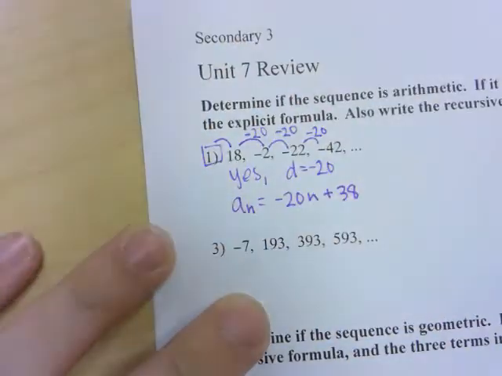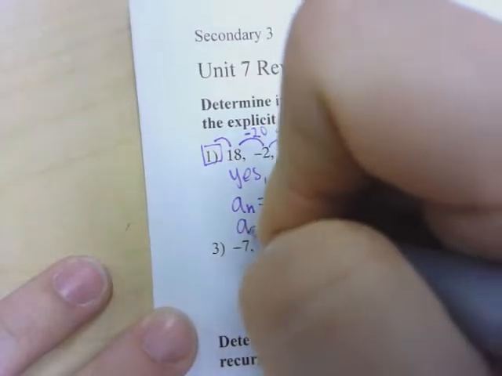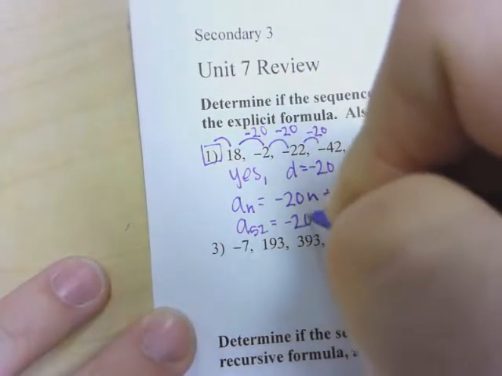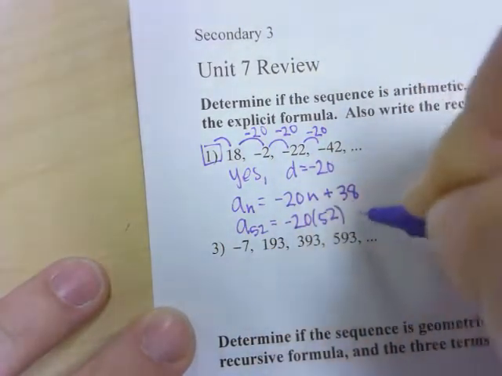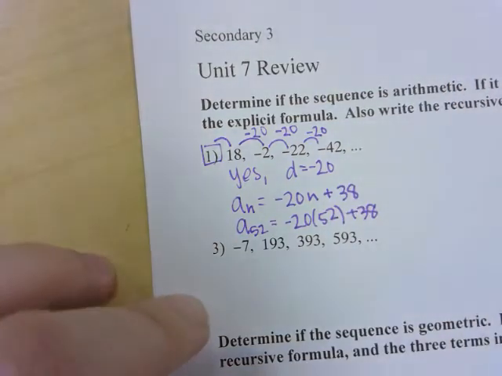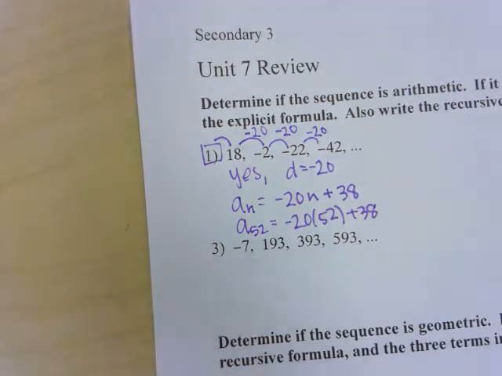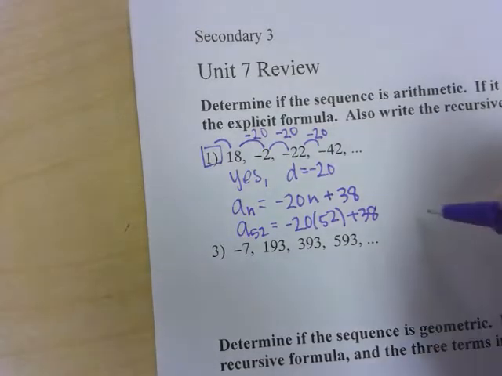If I wanted to find the 52nd term, you're going to plug that in. Grab a calculator. -20 times 52 plus 38 is -1002.